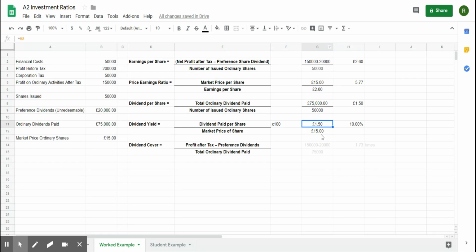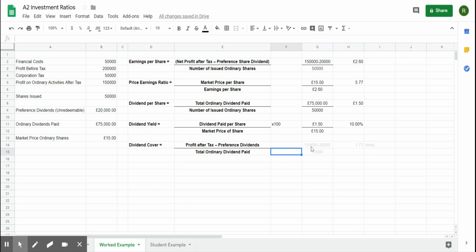Market price is £15. So multiply the result of that formula by 100, and that tells us they're giving a 10% dividend yield. And when you consider that you're struggling now to get 2% in a bank account, a 10% dividend yield on the face of it is very, very good. Although as an investor, you perhaps look at that and think, well, do people know something I don't know if you're looking to buy the shares with it giving a 10% return?